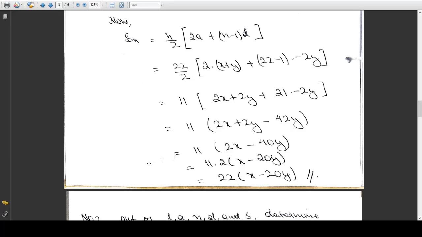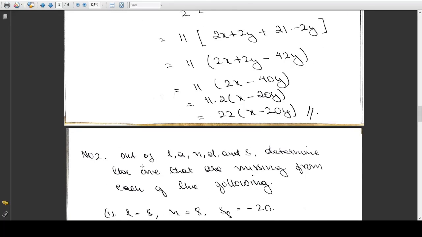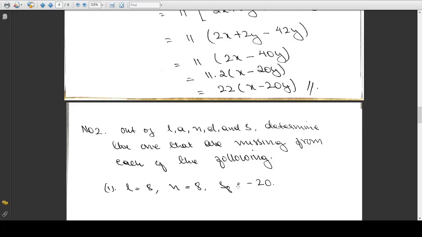Okay, now with number 2, out of L, what is L? L is the last term, A is the first term, N is the number of terms, D is the common difference, S is the sum. Out of these unknown quantities, determine the ones that are missing from each of the following.